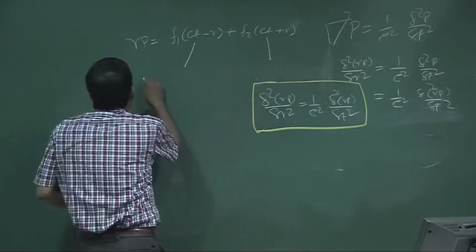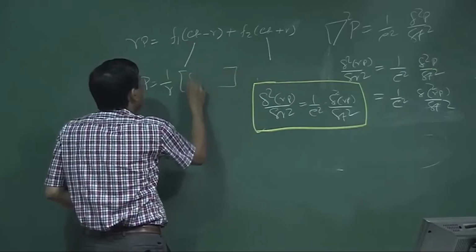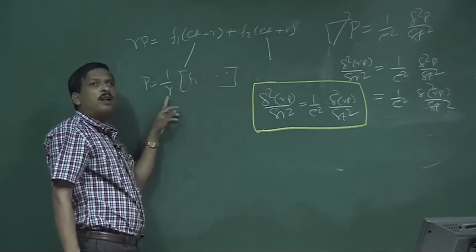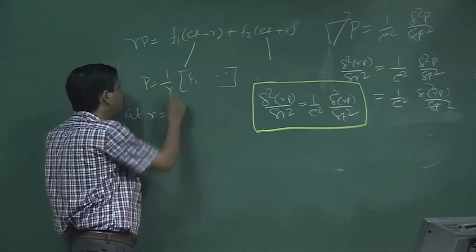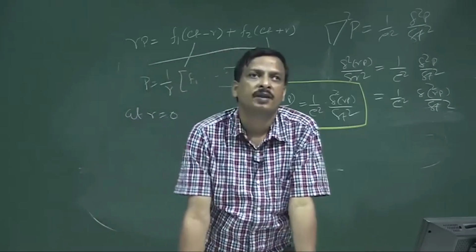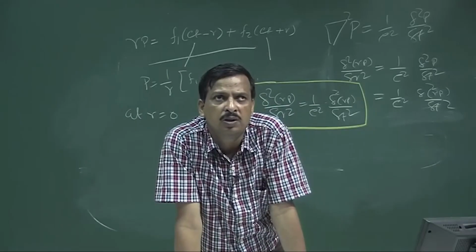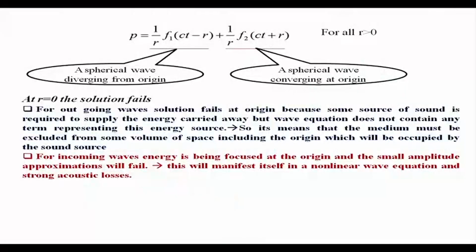Now, what is p? p is nothing but 1 by r times the function f1 plus f2. So, now since it is 1 by r, at r equal to 0 this concept is not valid. For the diverging wave and the converging wave, at r equal to 0, no solution is valid. So, in that case what will happen?